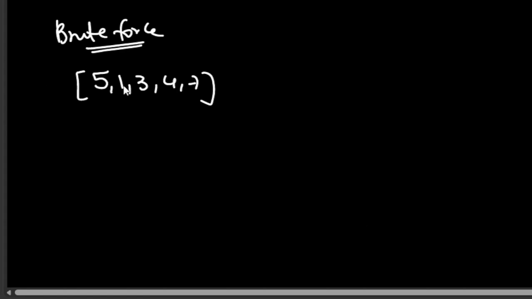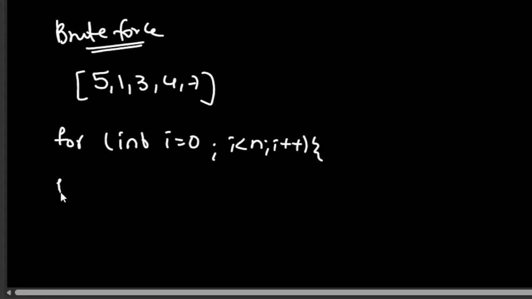If you carefully observe, let me say I am going through this in 3 loops: for int i equals 0, i less than n, i plus plus; int j equals i plus 1, because we have a condition that i less than j less than k, right?